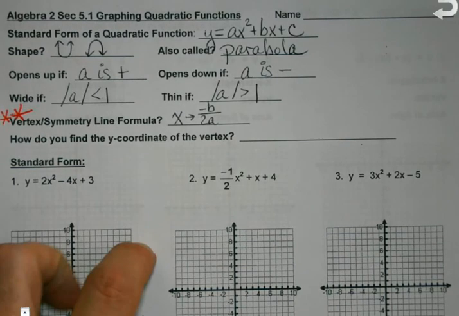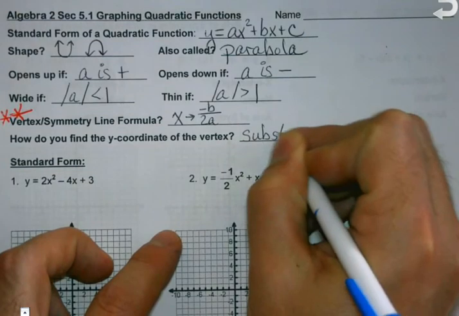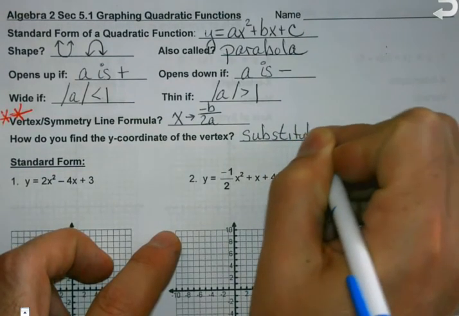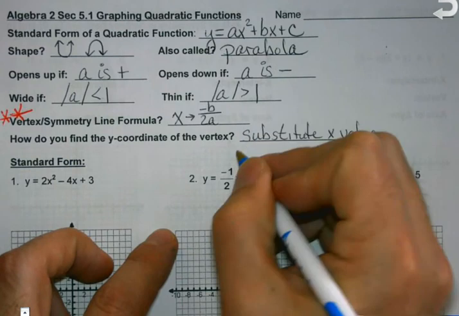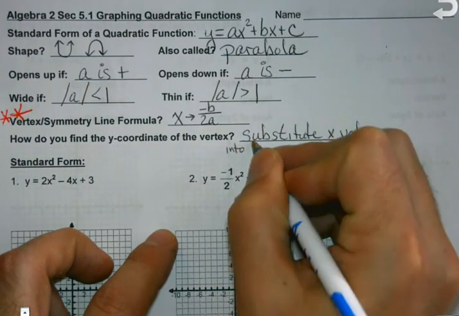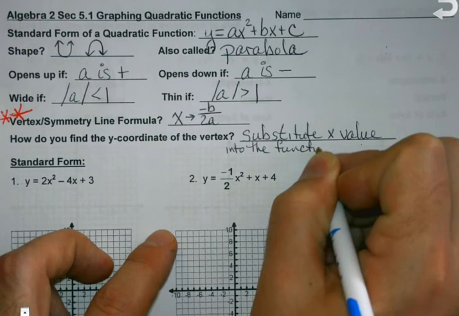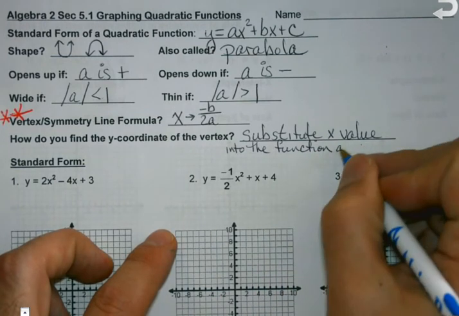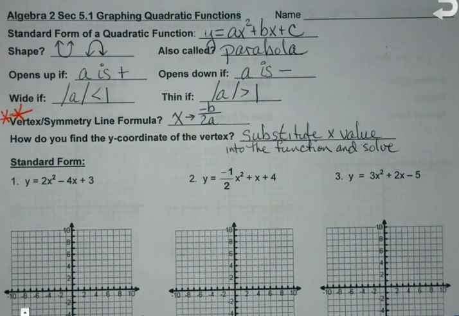And then how do I find the y? That takes a little more effort. We're going to substitute the x value into the function and solve. In other words, I'm going to substitute x into whatever this y equals equation is, and whatever answer comes out is my y value.